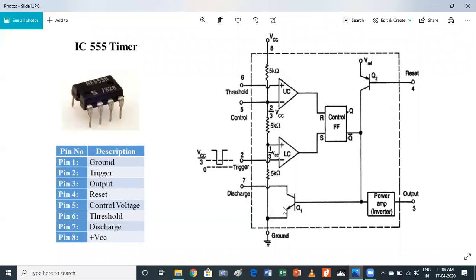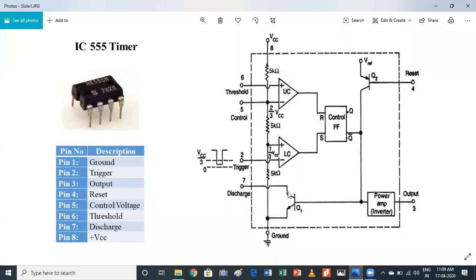So what is the role of the Q1 transistor, which is called the discharge transistor? Whenever the base gets the voltage, that is, whenever the Q becomes high, the Q1 is on. So it is in the saturation region.